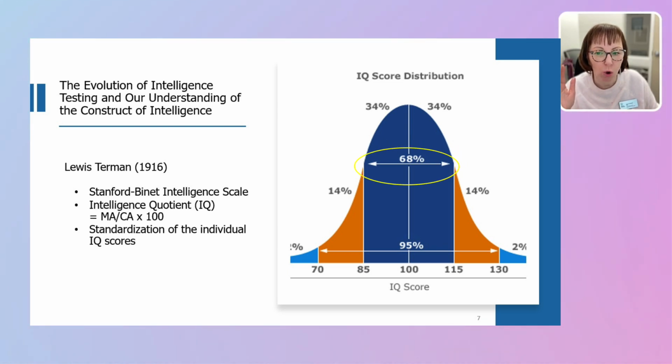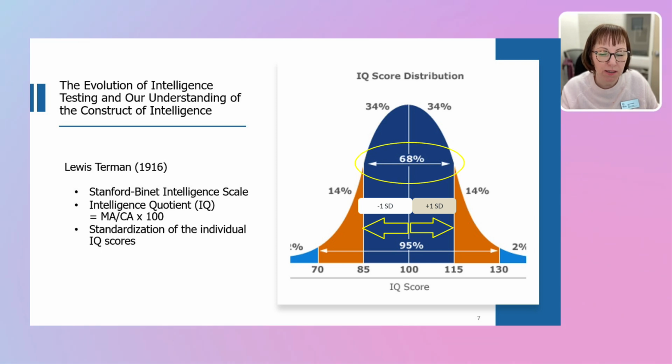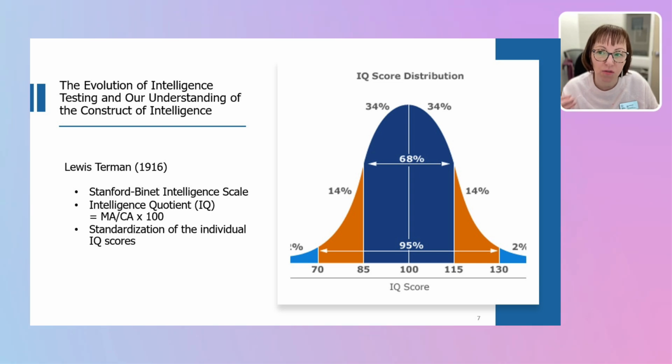So those who have a raw score of 85 points are at -1 standard deviation from the mean. This standardization helps to express the person's raw score in terms of distance from the mean. How far away from the mean is this person's score?